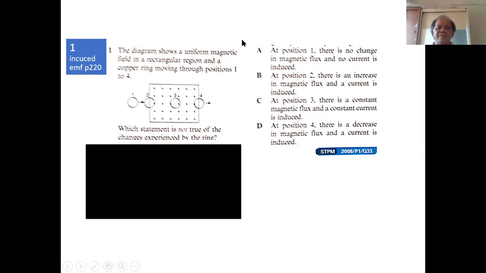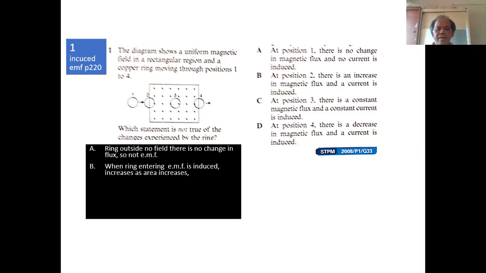Okay, let's see. At position 1, there is no change in flux density, so no current. That one is correct. They ask you for not true. At position 2, there is an increase in magnetic flux and a current induced, correct. At position 3, there is a constant magnetic flux and constant current induced.